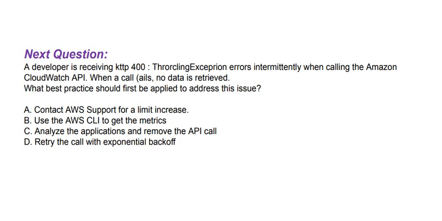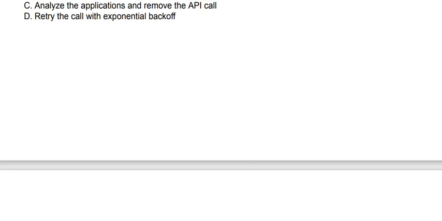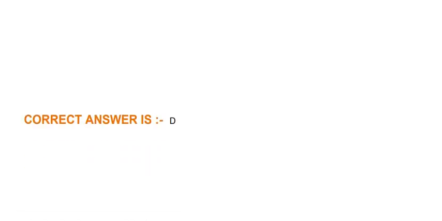Option A. Contact AWS support for a limit increase. Option B. Use the AWS CLI to get the metrics. Option C. Analyze the applications and remove the API call. And option D. Retry the call with exponential backoff. The correct answer is option D.